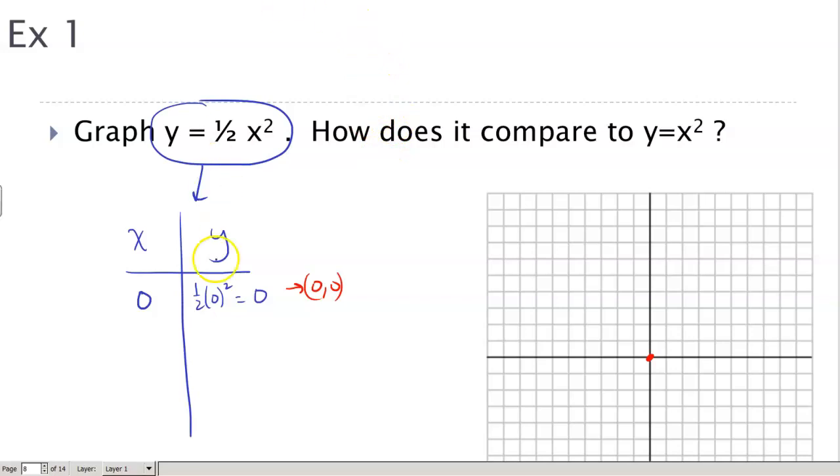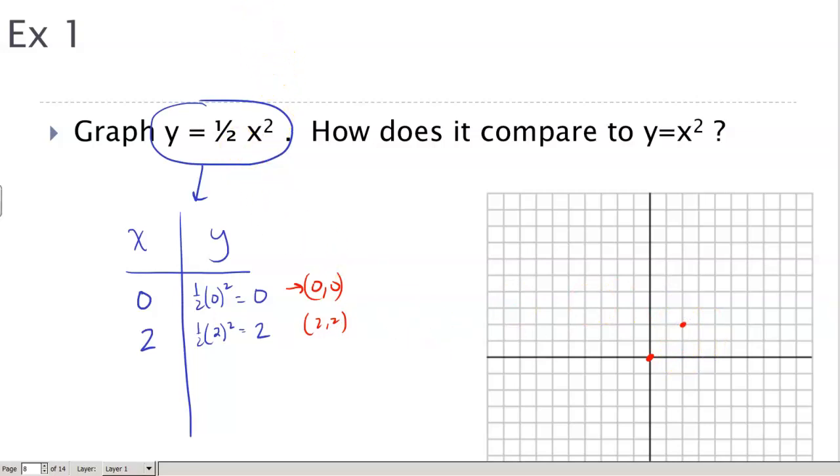So if we kept going here, let's plug in a 2. If we plug in 2, we would have 2 squared, which is 4, and then half of that is 2. So 1/2 times 2 squared is going to be 2. So now we have the point (2, 2), and we can plot that.